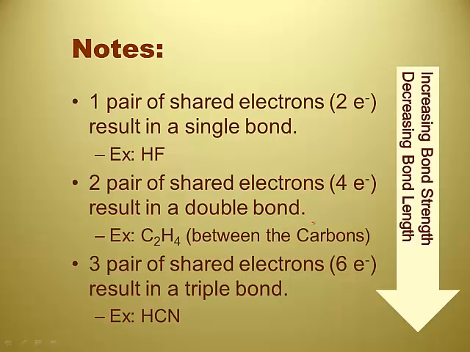A double bond is going to get shorter because now you have 4 electrons being shared and attracted to the protons. And a triple bond is 6 electrons, so they get really pulled in tight to the protons. So the triple bond is the shortest of the 3. Shortest and strongest, the SS.